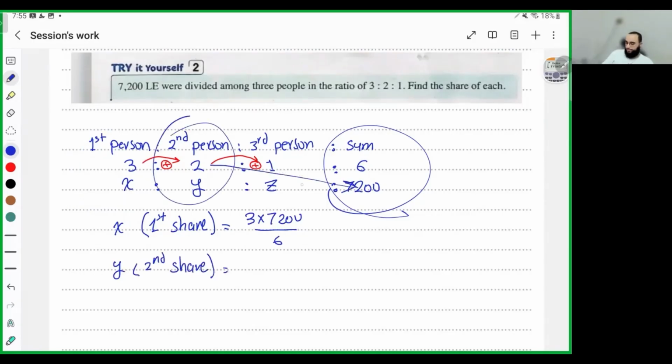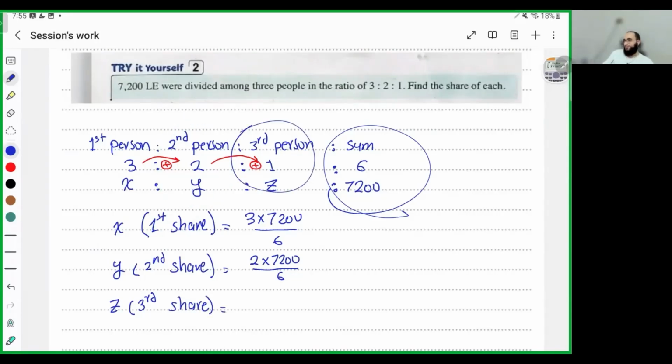What times what? 2 times 7,200 over 6. So the third person. Quickly. Why are you so quick? I'm poor beside you, wait a bit. Okay, 1 times 7,200 over 6.